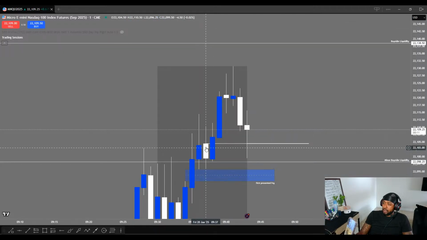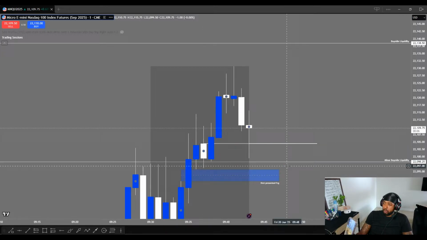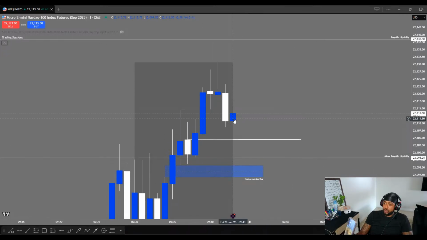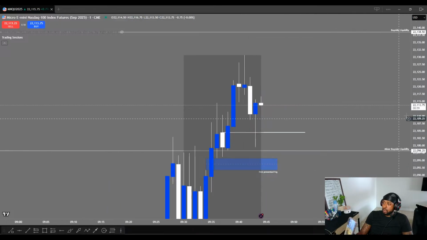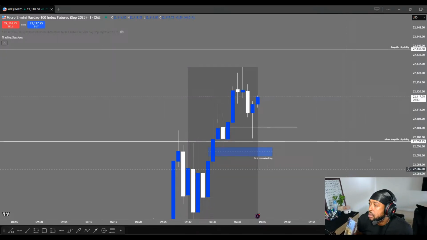So it kind of went deeper into the mean threshold of the order block, but you see it respected it. You see it come up, but you've got to be patient.